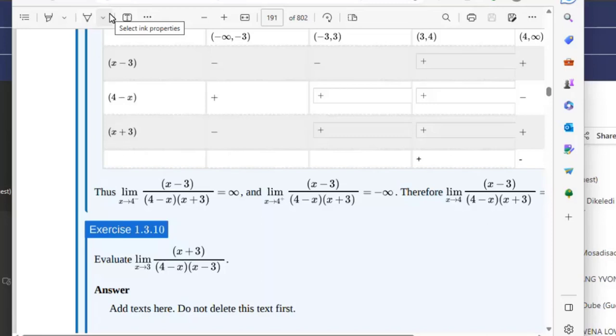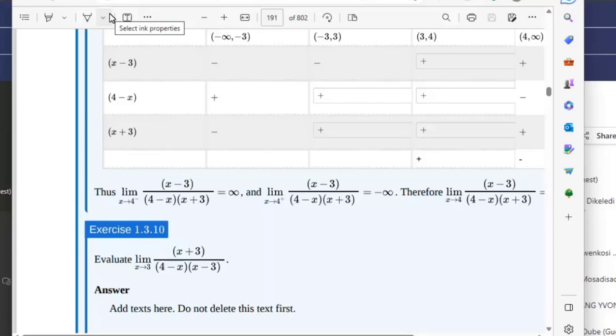Now let's do it slowly together. Let me write it down. Is the limit of x plus 3 over 4 minus x as x approaches 3, I will start from the left. I'm breaking it down the way Norma Homer did it.